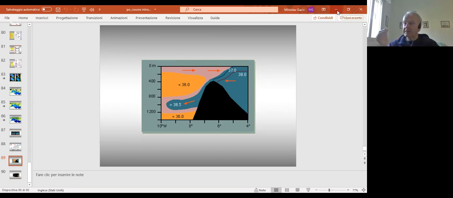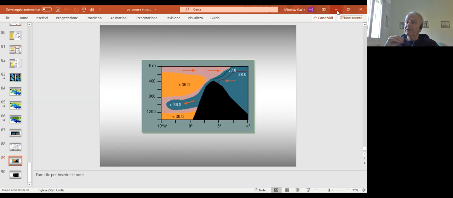Later on, we will be talking about how climatic changes can influence the global conveyor belt, because the main engine of the global conveyor belt is the northern Atlantic or polar areas, and partly also the southern polar area.